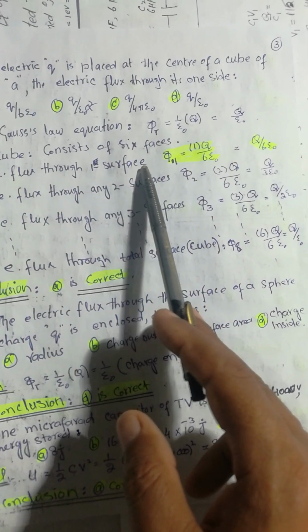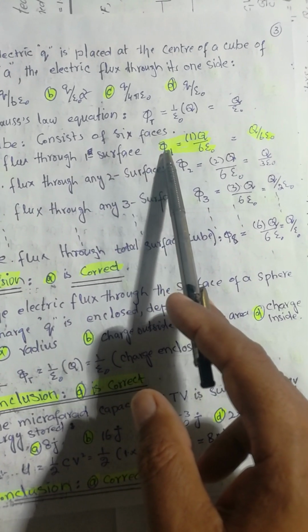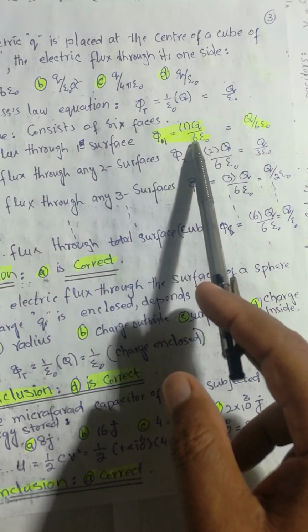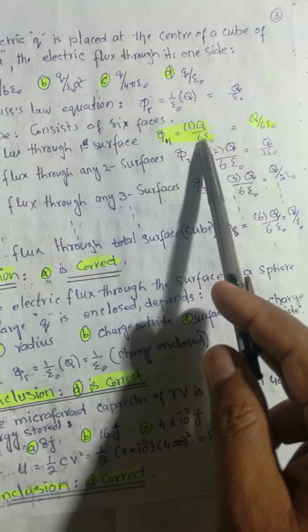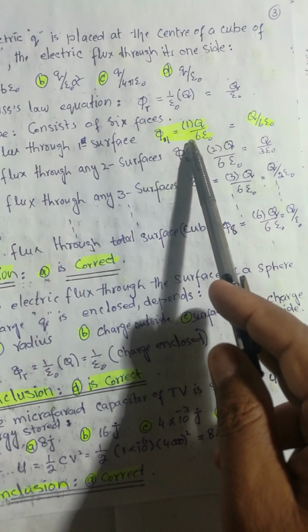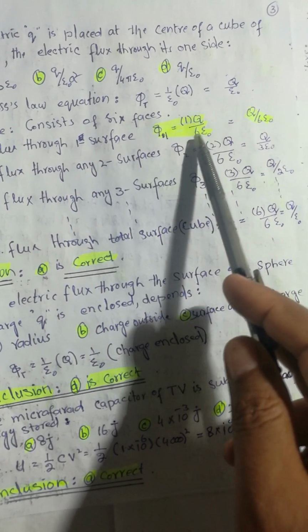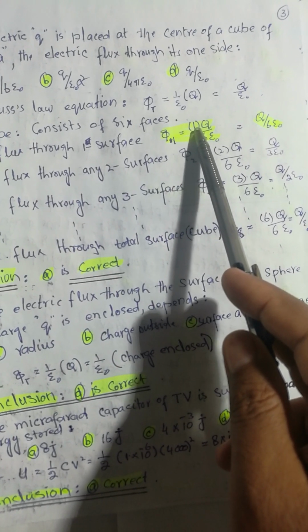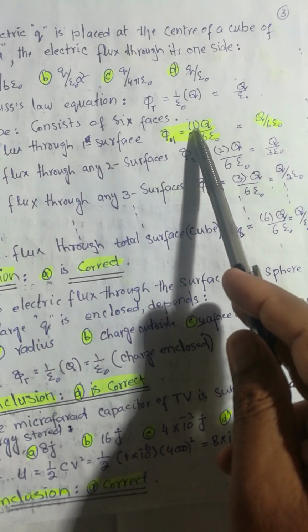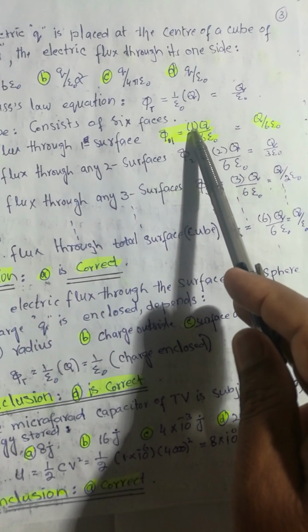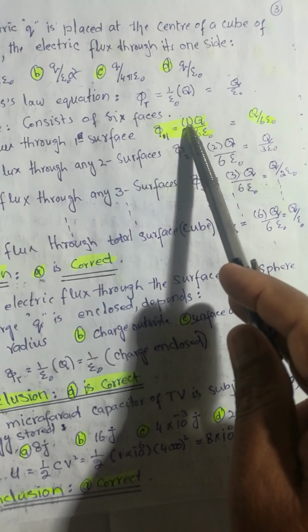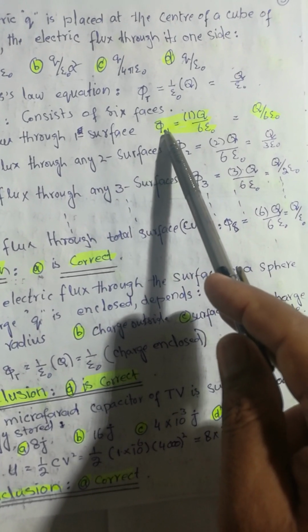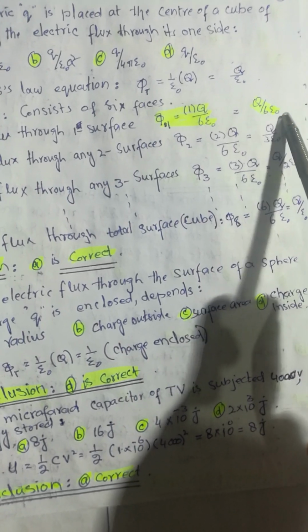So electric flux through one surface will be phi 1 equals 1 into q by 6 epsilon naught. So total surfaces are 6, the total flux is divided by 6, and then we are finding electric flux through one surface, one plane, one face of the cubic structure. So therefore 1 is multiplied here. The flux through one surface will be q by 6 epsilon naught.